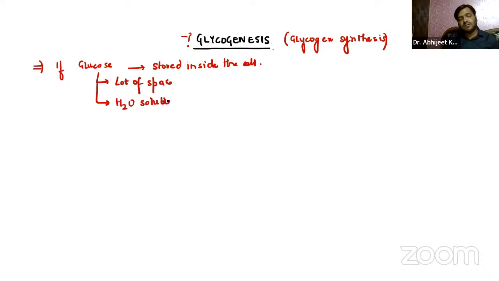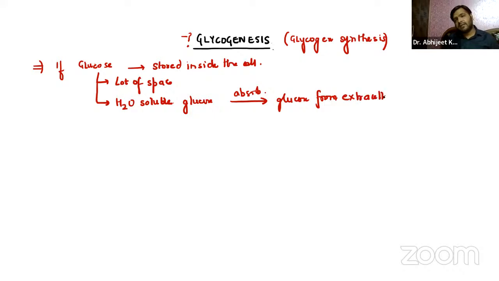Now, with this water-soluble glucose, the cell will absorb the extra glucose from the extracellular matrix. What will happen when the cell absorbs glucose from everywhere? The cell will swell up.